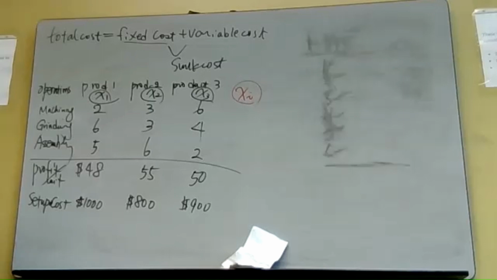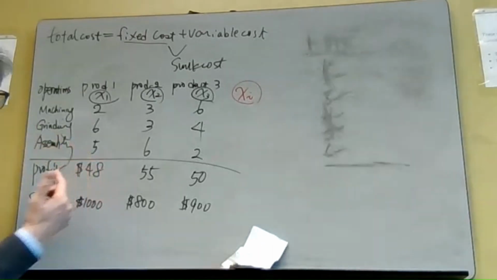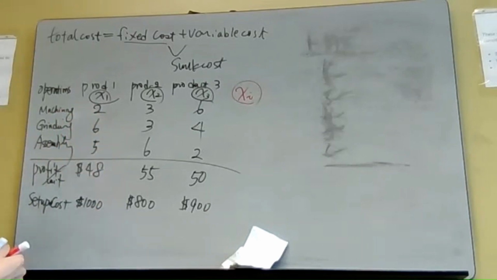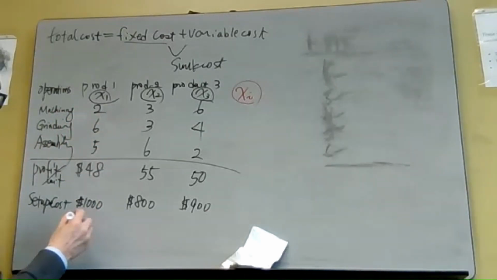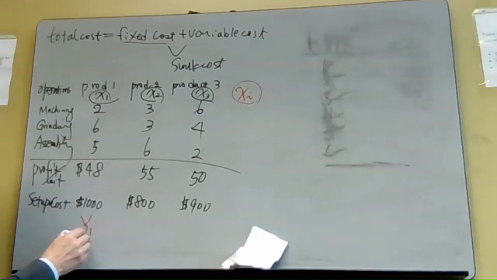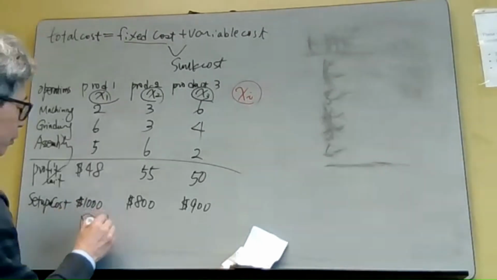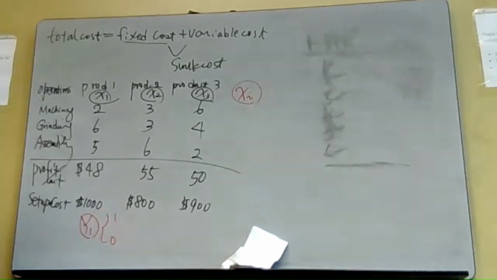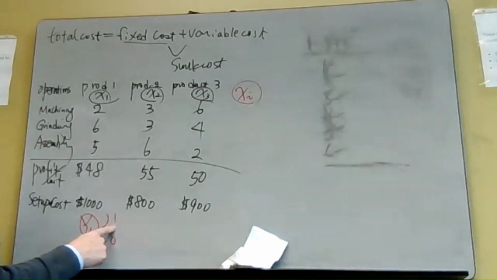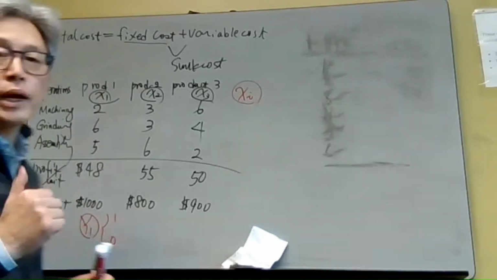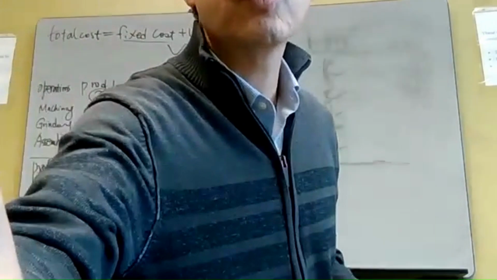So we decide which production line will be open. If we decide to produce product 1, let's call it y1. That means y1 should be 1 or 0. 1 means we're going to produce product 1. 0 means we are not going to produce product 1.